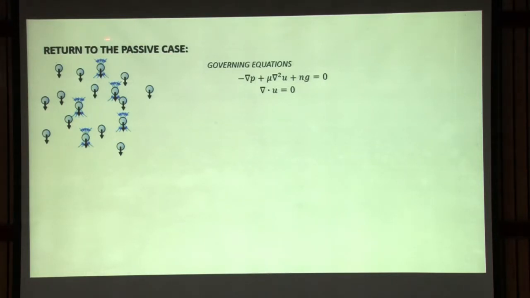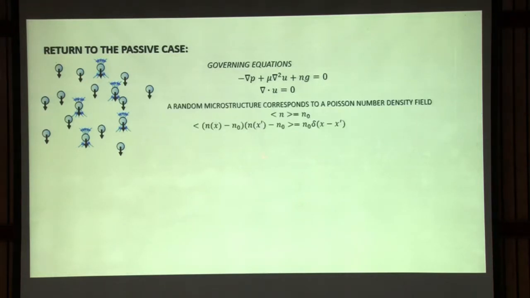So for the case where the suspension has a random microstructure, then I can say that the number density has a certain mean, that's the mean volume fraction of the suspension, but it's completely uncorrelated. So the fluctuations in the number density, I assume, are just a delta function. So the number density at x is not correlated to the one at x prime. And if you assume this is the case, then you use this and write down the ensemble averaged equations, okay?